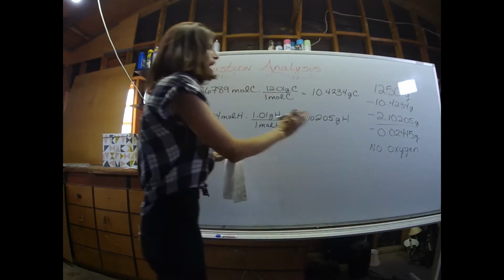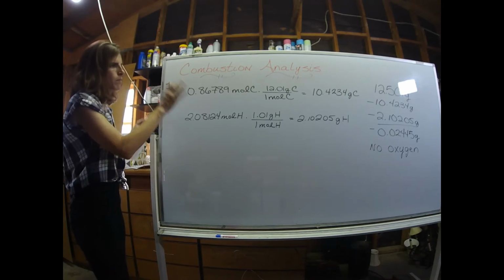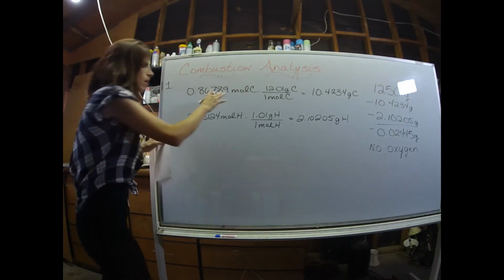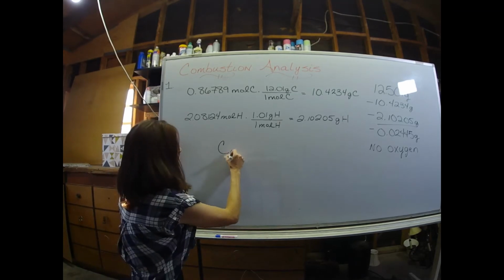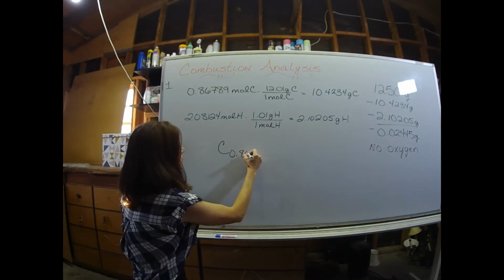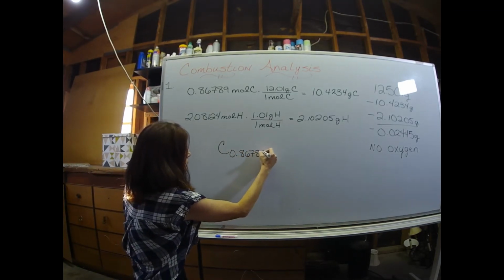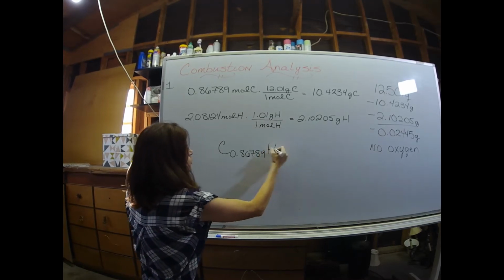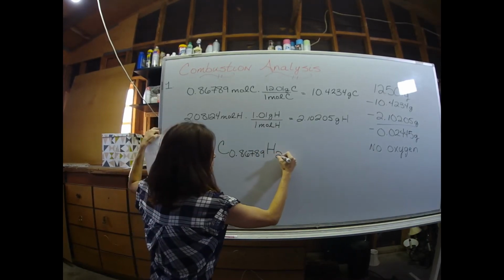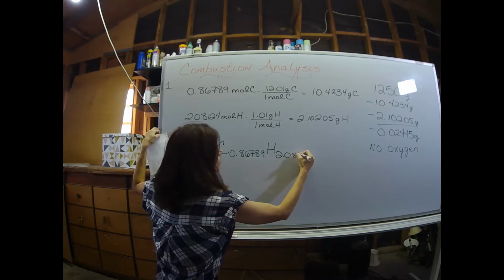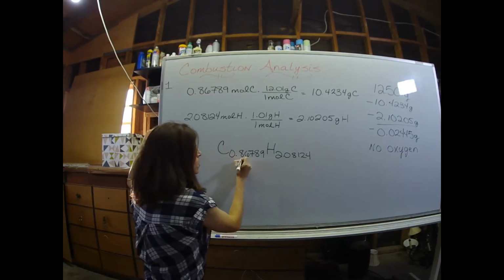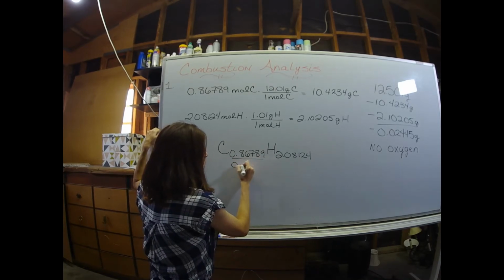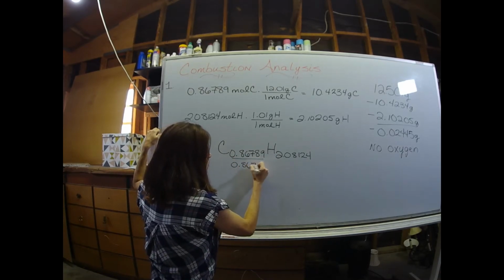All right, so after that, I still need to determine the empirical formula of the compound. I'm going to grab the moles of carbon and the moles of hydrogen. Looks like carbon is the smaller of the two, so I'm going to divide both values by the moles of carbon.